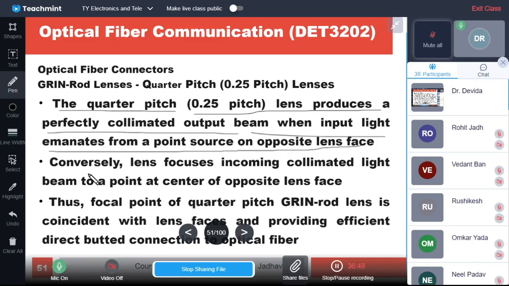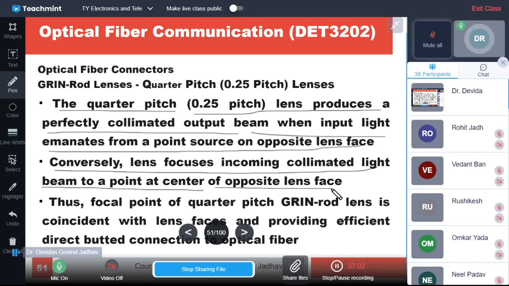Conversely, the lens also focuses an incoming collimated beam. If one side has an incoming collimated beam, the opposite side will produce a beam focused to a point at the center of the opposite lens face. That is the focusing. Okay, the lens focuses the incoming collimated light.